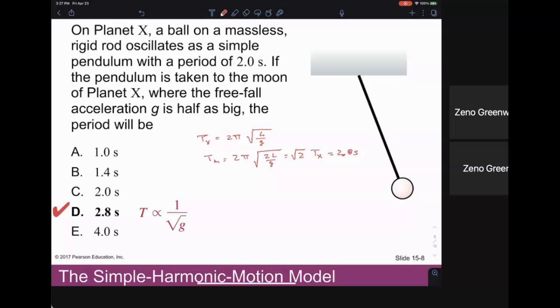Then if we go to the moon, where g is now g over 2, the period on the moon is equal to 2 pi times the square root of 2L over g, or equal to the square root of 2 times the period on planet X, which gives us the square root of 2 times 2, or 2.8 seconds.